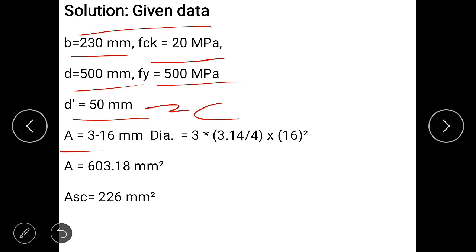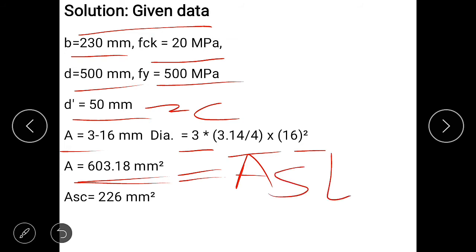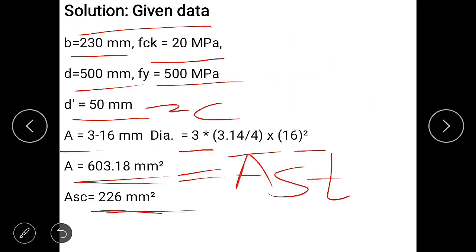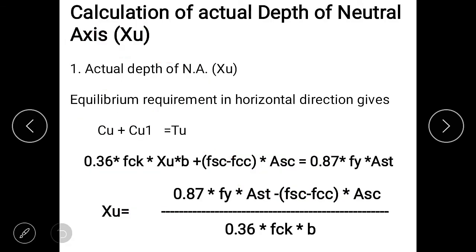Area of steel in tension side is 3 number of bars, pi by 4 into d square. So AST is 603.18 mm square. ASC is already given, 226 mm square, steel on compression side.